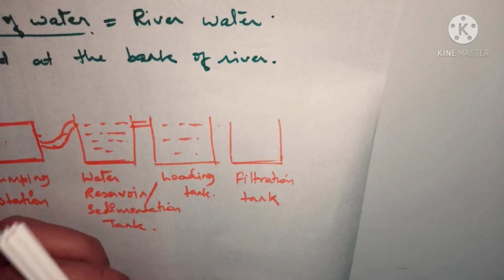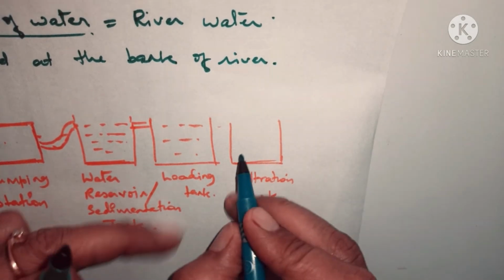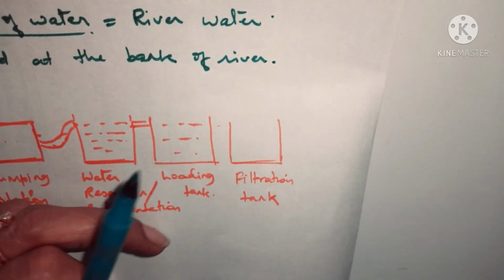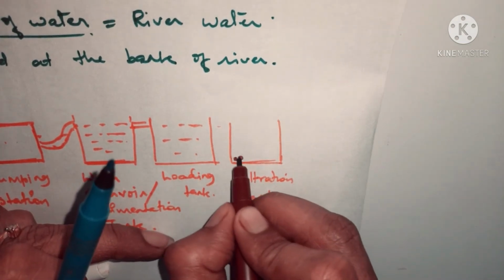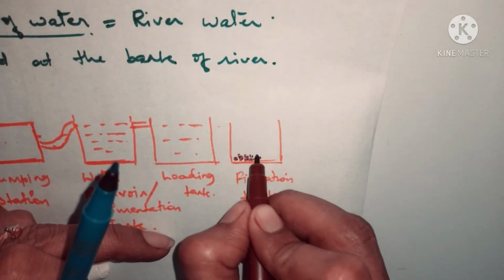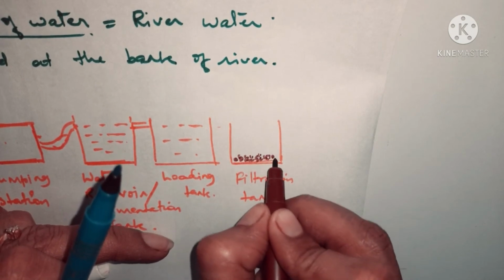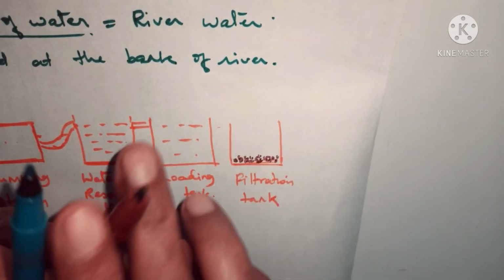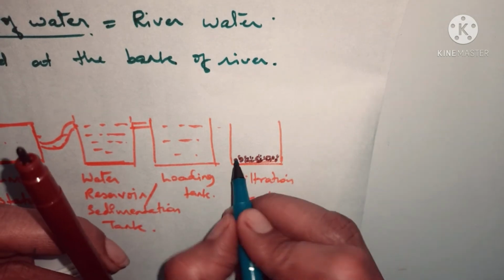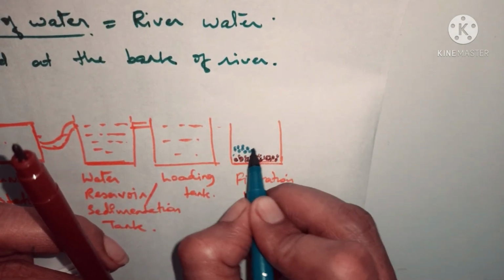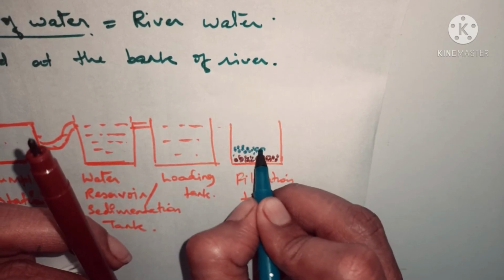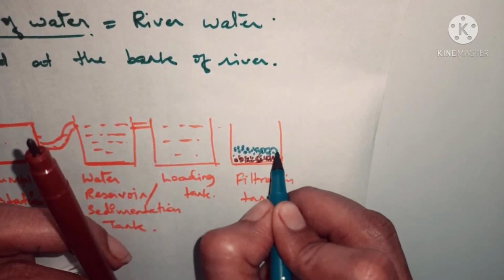Let me have 3 pens, 3 colors. At the bottom you have stones or small gravels. Then coarse sand particles lie in the middle.